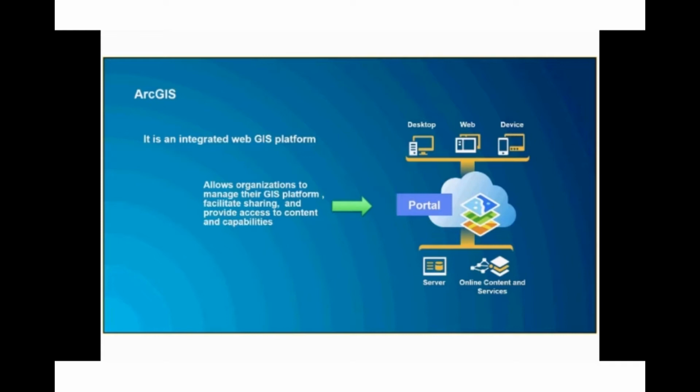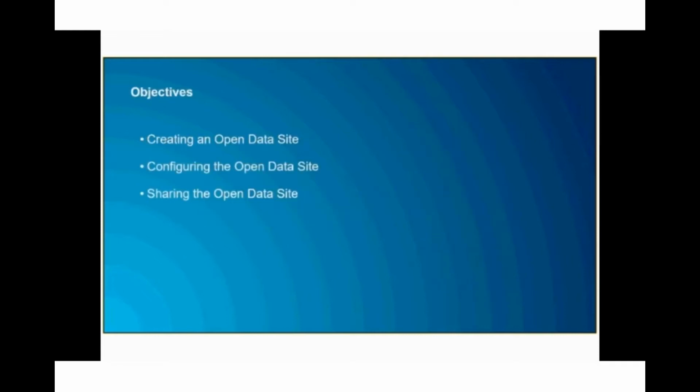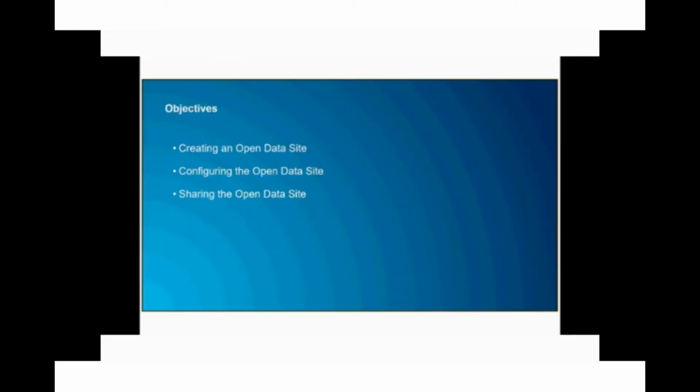We have the services that are shared on premise or online, and we have this gateway that we share this content to desktop, web, and devices where you can access our data. So this allows organizations to manage their platform, facilitate sharing, and provide access to content and capabilities.